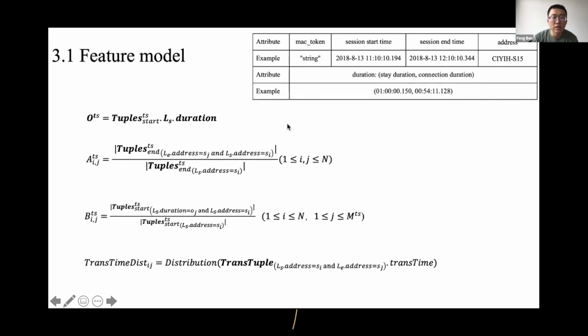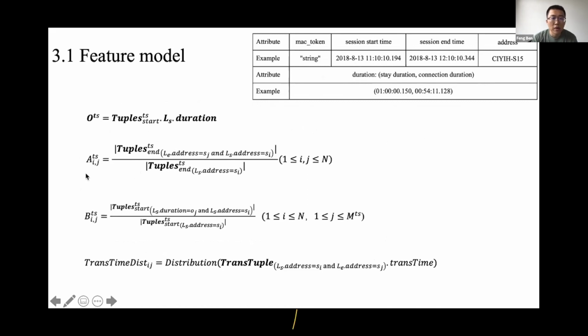The hidden state is very simple. It is about 200 locations on campus. And for the observation state set, it is all of the duration attributes of the start point in the tuple start. And in our project, each hidden state of the data has its corresponding observation state.